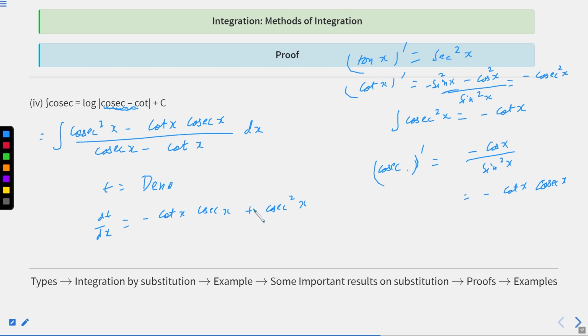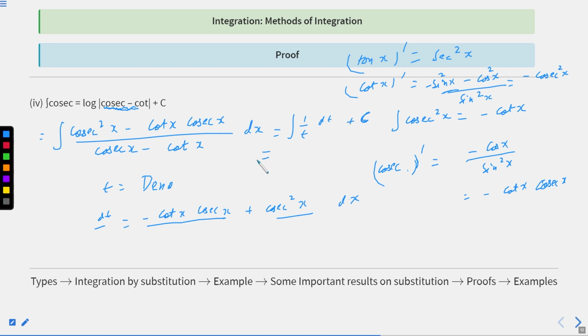As you can see, this is your numerator, so put dx here. Now this is just the integration of 1 by t dt plus some constant.